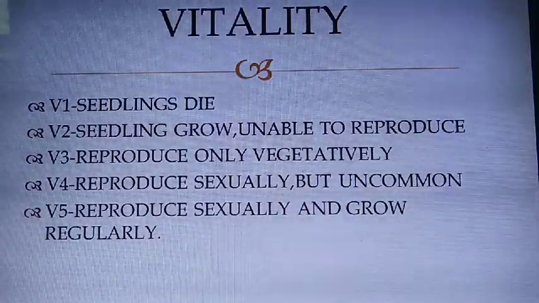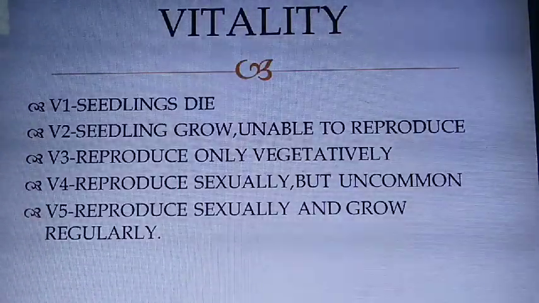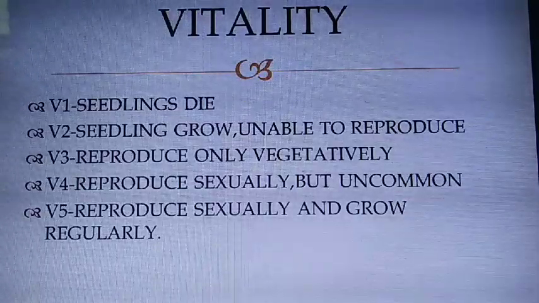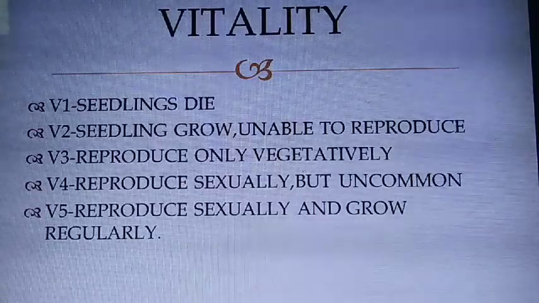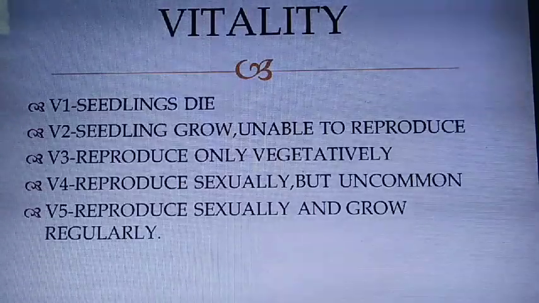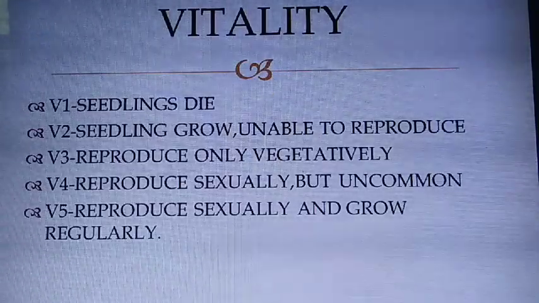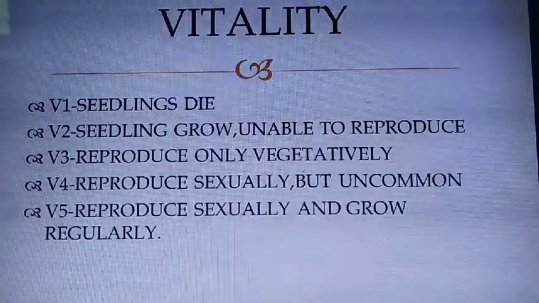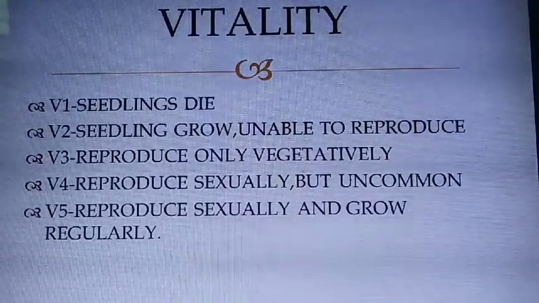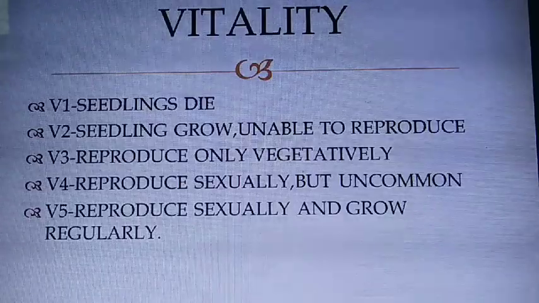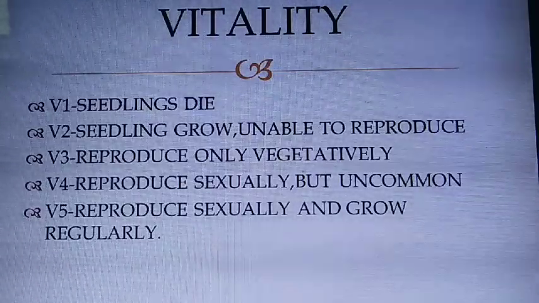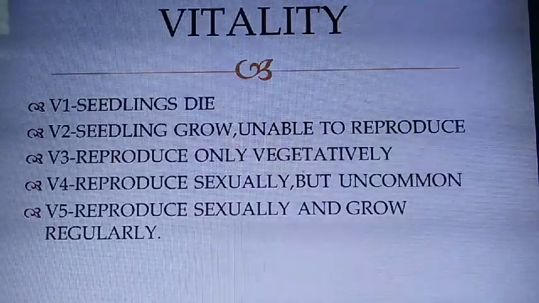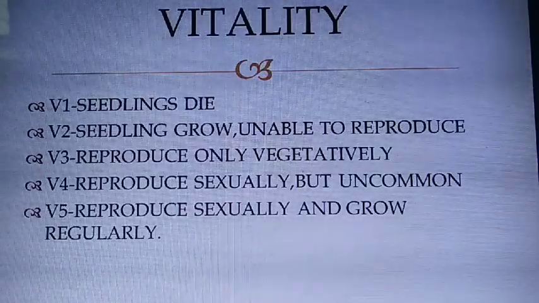Now moving on to vitality. How vital in growth and reproduction a plant is. It is categorized into V1, V2, V3, V4 and V5. V1, the plants whose seedlings die soon. They come under category V1. And then V2, seedlings grow, but they are unable to produce more plants.